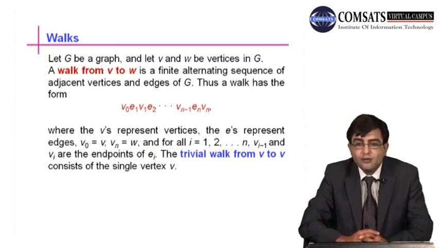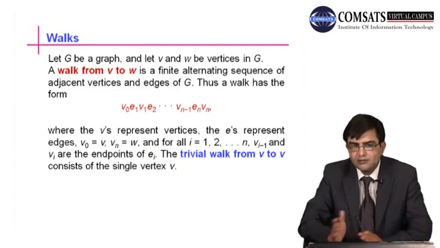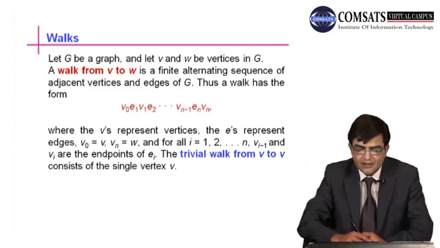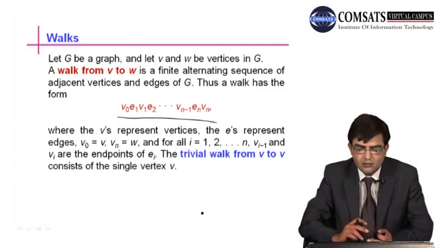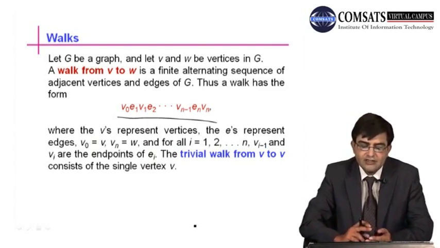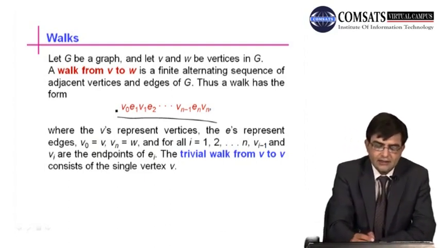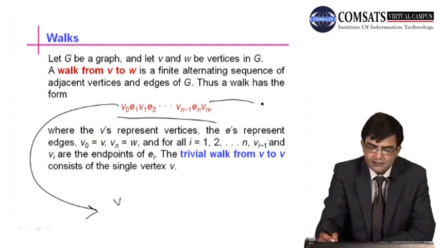Thus a walk has the form. If a graph G has vertices v0, v1, v2, and so on, vn, and edges e1, e2, and so on, en, then a walk can be written as this: v0 first vertex, and we have to travel from v0 to vn. That is, we can say here that v0 is v and vn is w.